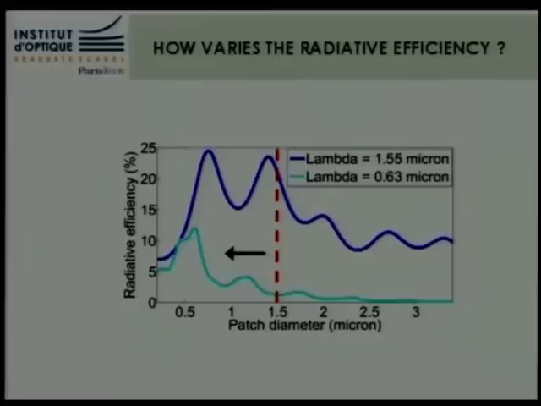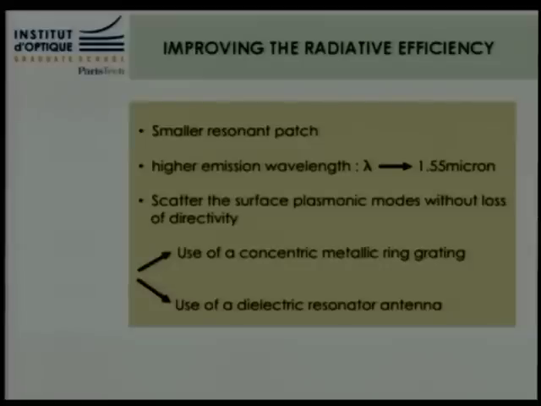And then by changing the wavelength, shifting to the near infrared, for instance, one can reach higher radiative efficiency. So to improve the radiative efficiency, one can go for a smaller resonant patch, get a higher emission wavelength, and we choose to use telecom wavelength.